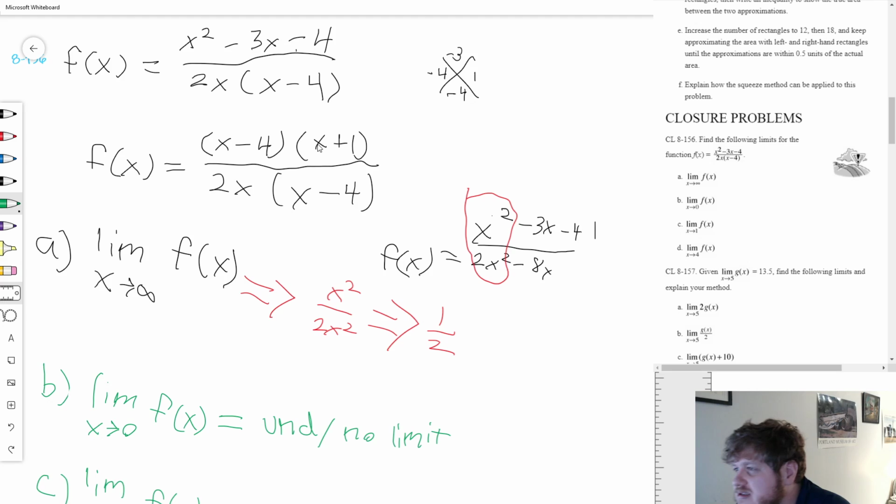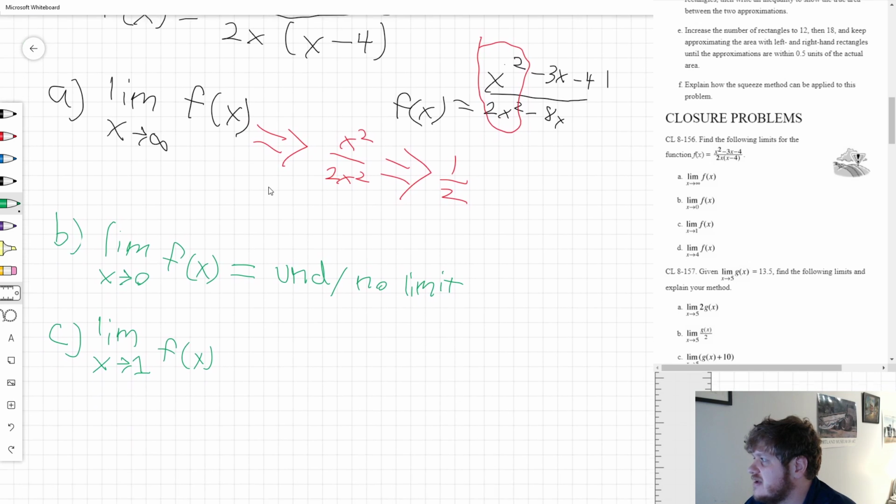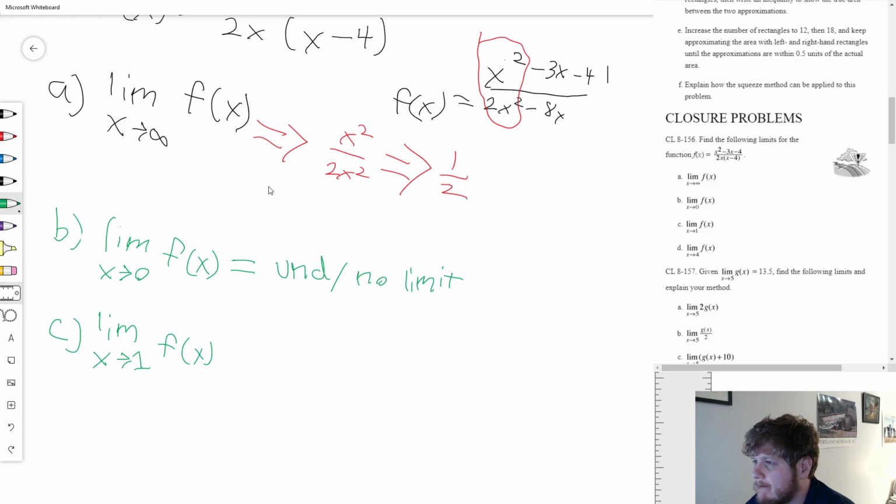So if we look at x approaches 1, then if we plug it in, we have 1 squared minus 3 minus 4, so it would be -6, over, and then we plug it into the bottom, so 2 times 1 minus 3 is -6.